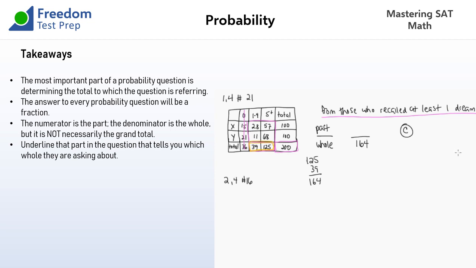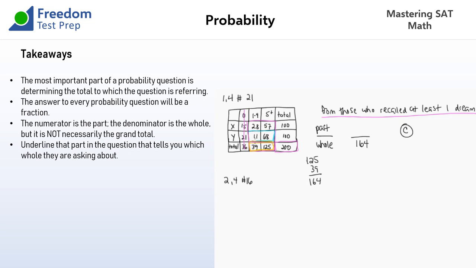But let's just say, for the sake of our purposes here, that we had two answers with the denominator of 164. We would still want to figure out what the numerator was. And then we continue reading the question. What is the probability that the person belonged to group Y? So I'll use yet a different color here. Group Y would be here, right?